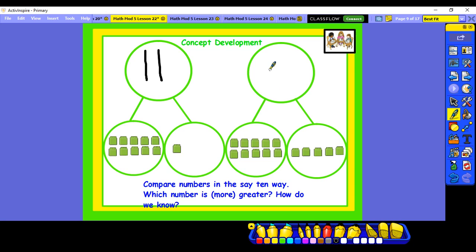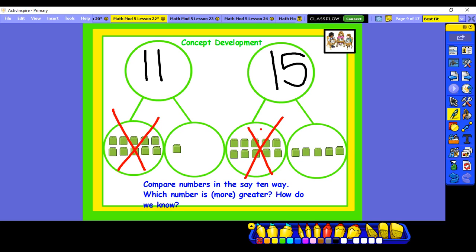What is 10, 5 the teen number way? 15. Which is more? Well, can I compare this part and this part? No way, Miss McKay. Those two parts are exactly the same. I can't compare them to figure out which is more, because teen numbers always have a group of 10.